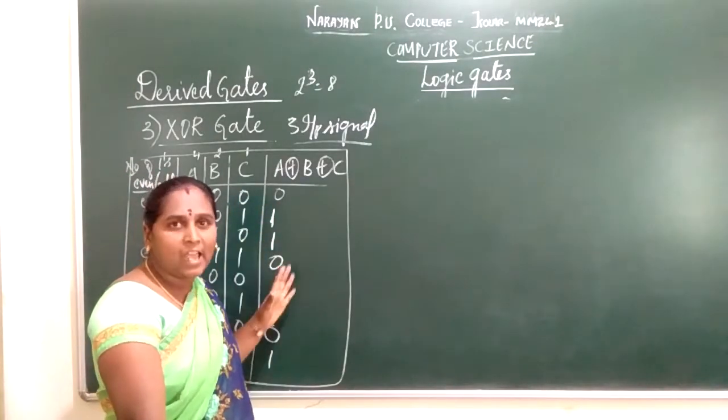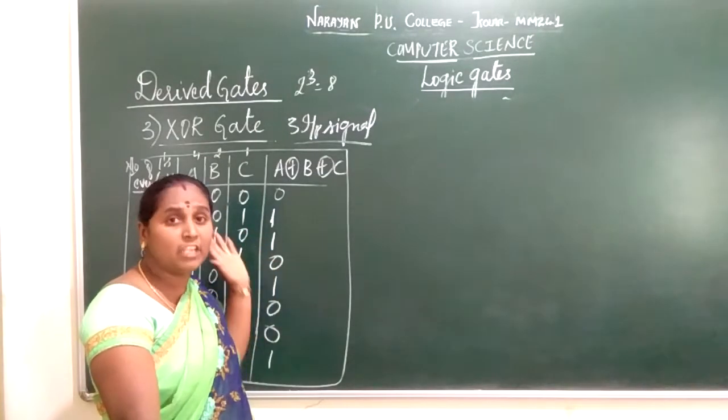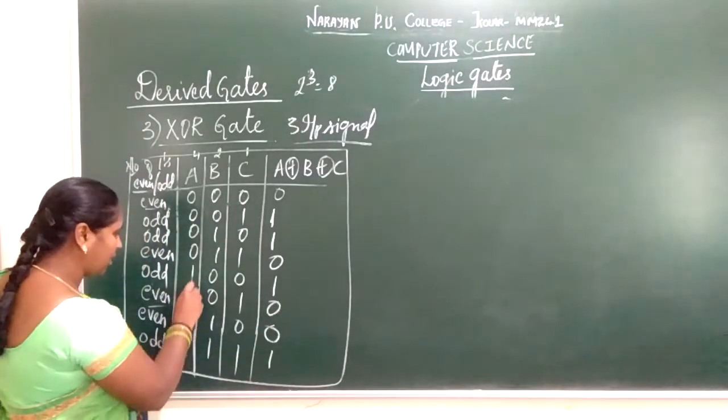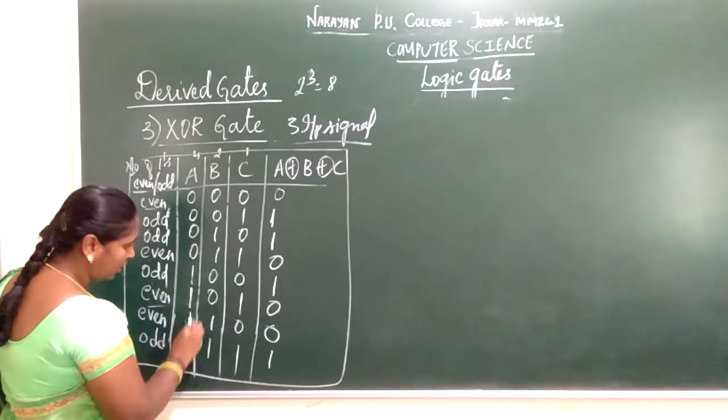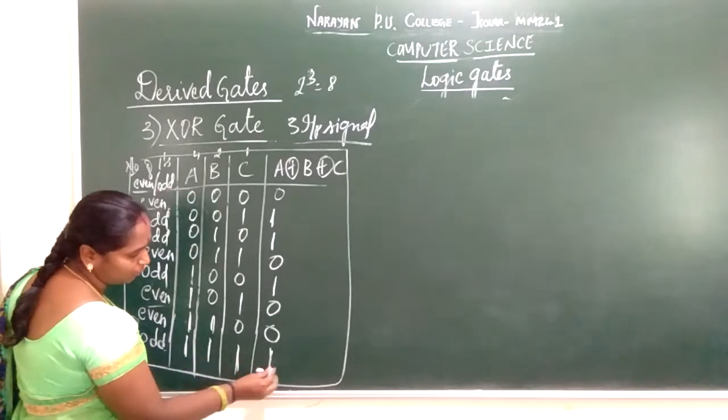The voltage is high only if you have an odd number of ones. Here you see an even number of ones, 1 plus 1 is 2, here also 2, and here you have 3, an odd number of ones, so the output is 1.